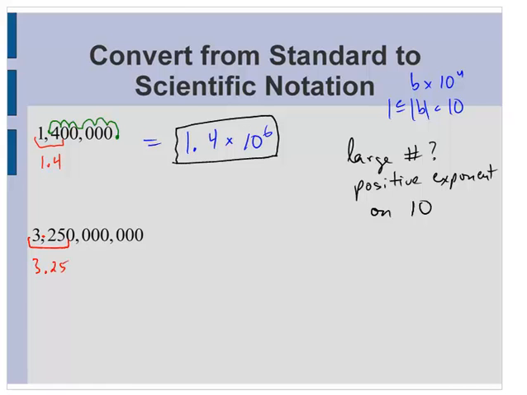How many places did I move the decimal? Well, from the end, 1, 2, 3, 4, 5, 6, 7, 8, 9 places. And this is certainly a large number. 3,250,000,000 is a large number. So this is the same as 3.25 times 10 to the 9th power.